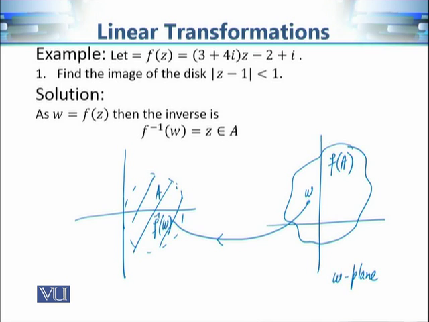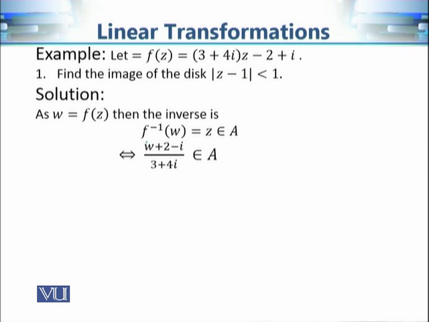And if W does not belong to f of A, let's say this is some other W, say W prime, then this definitely does not belong to the set A because it is not in the image. So that's why we can say that all those W's such that f inverse of W belongs to A are the elements of the image of this disk.